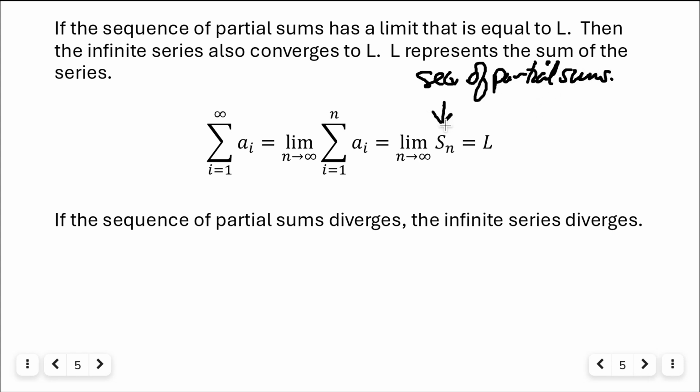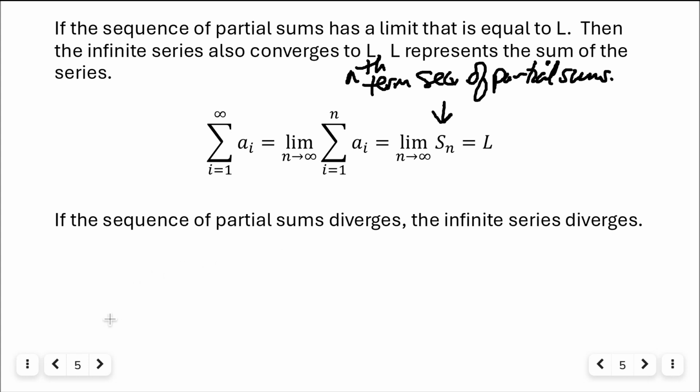Okay, the nth term of the sequence of partial sums is equal to L. If the sequence of partial sums diverges, then the infinite series diverges. It doesn't approach a finite value. You can add those terms forever and you'll simply get something like infinity. You'll just keep adding over and over again and you never get anything finite.